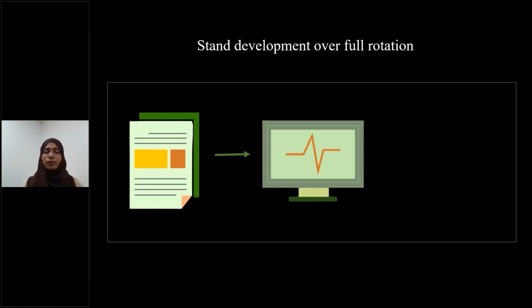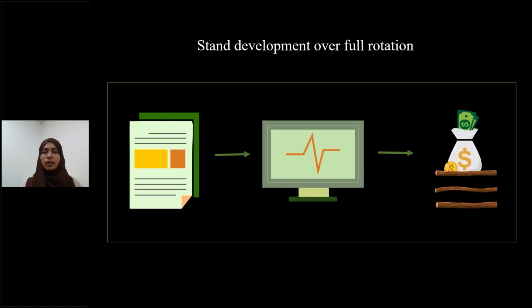Then it gives you different management options to manage your stand, and based on your objective, it has an optimization program that decides the best management plan for you. For our case, the final output was the net present value, so it decided based on the highest net present value. And we did the simulation to develop the stand over a full rotation and also to get the land expectation value and production of the stands.